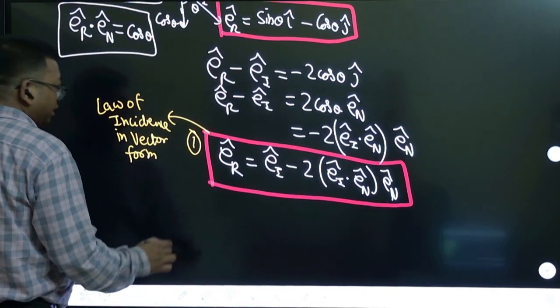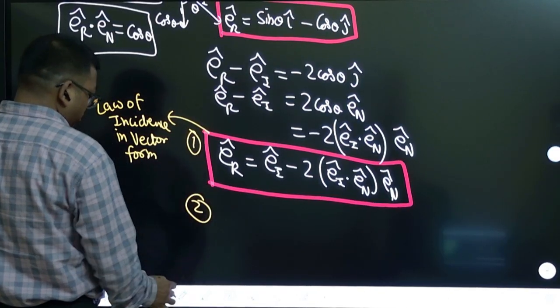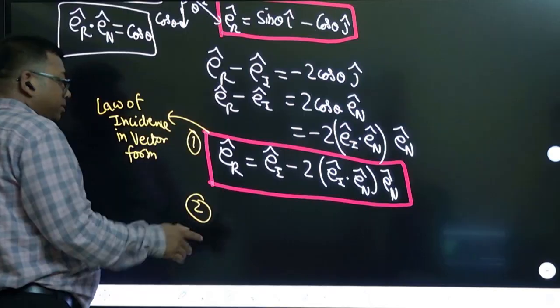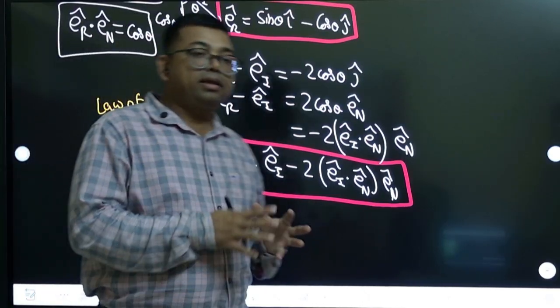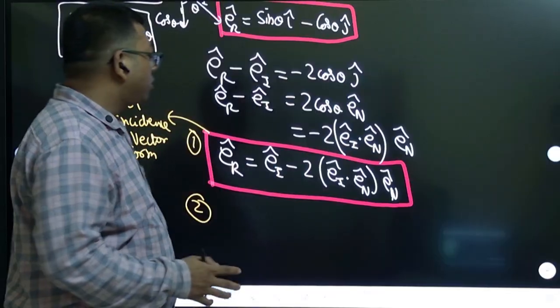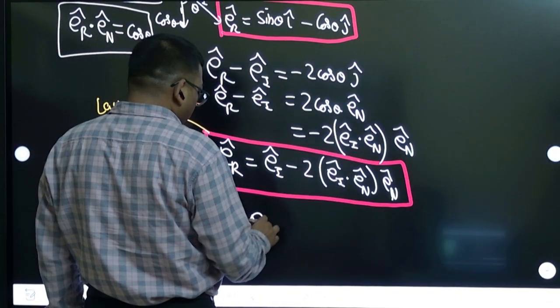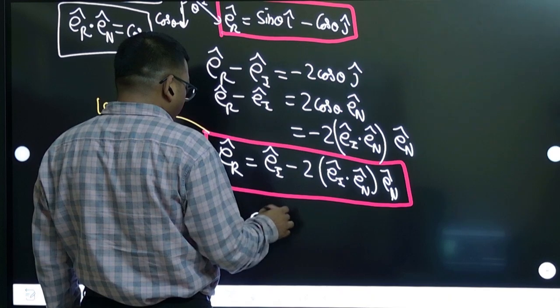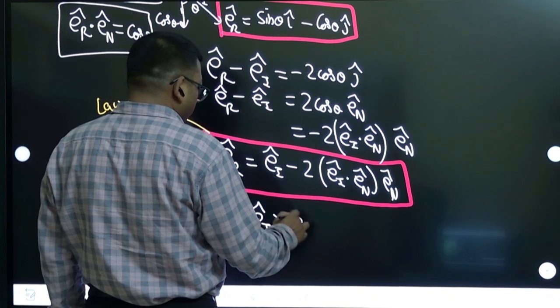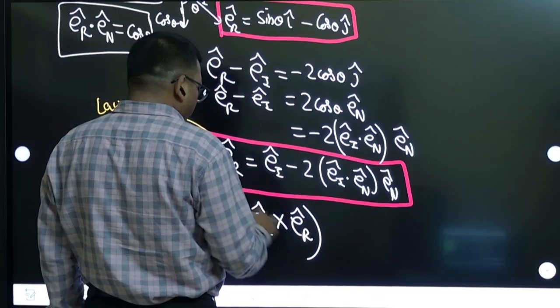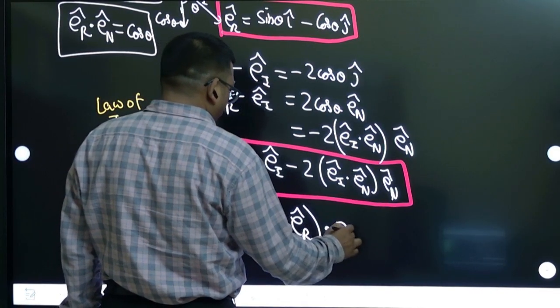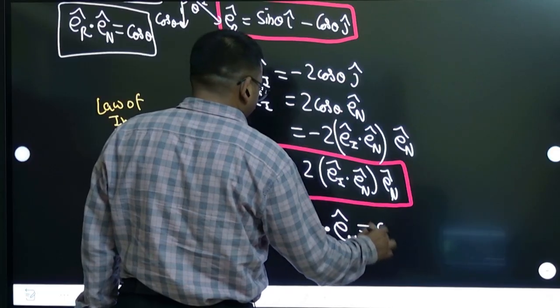Second point, already I told that these are lying in the same plane. That means if the three vectors are lying in the same plane, they are coplanar. Coplanar means you can take cross product of any two, EI cross ER. When you take its dot with EN, it must be 0.